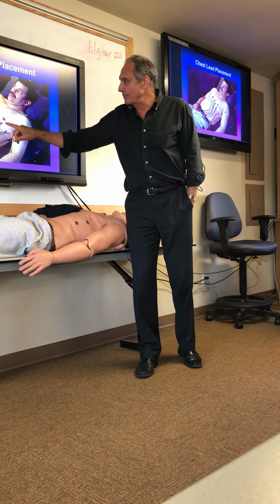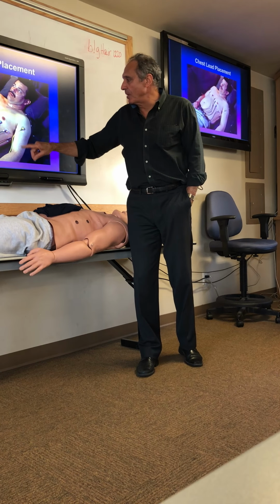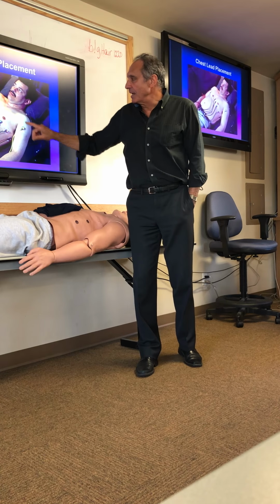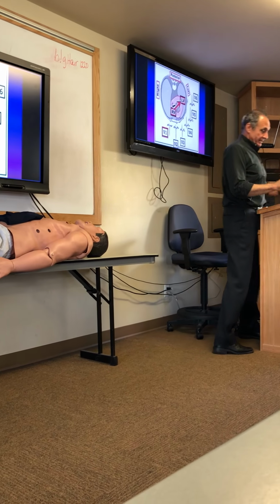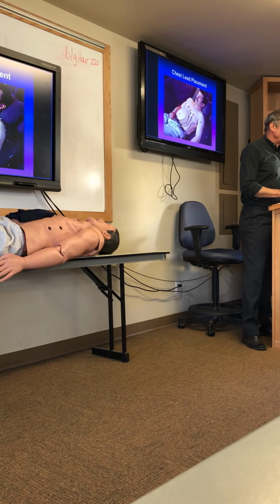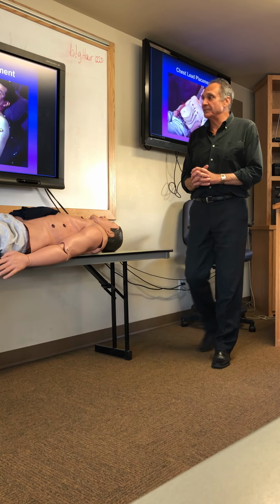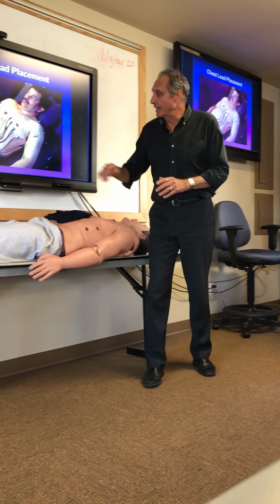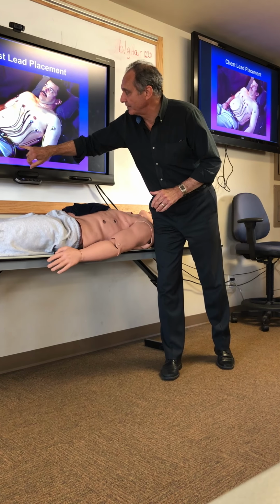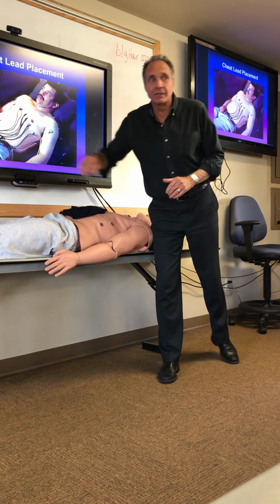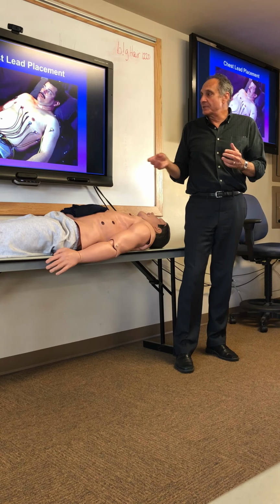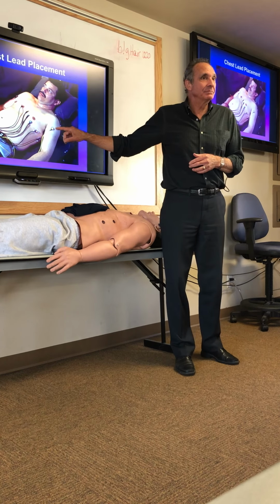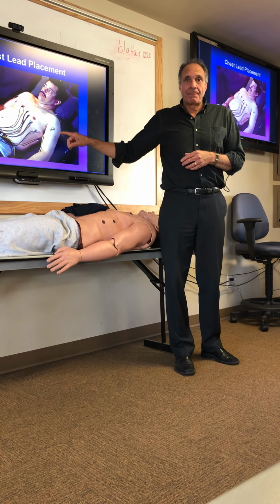These, of course, are in the right position. V4 is where it belongs, V5, V6. Here is where we would like to have the limb leads placed. And what you don't see underneath his belt is that there's another one here and another one here. Why? Because when we bring them to the cath lab, this is where we're going to have them, in these positions.